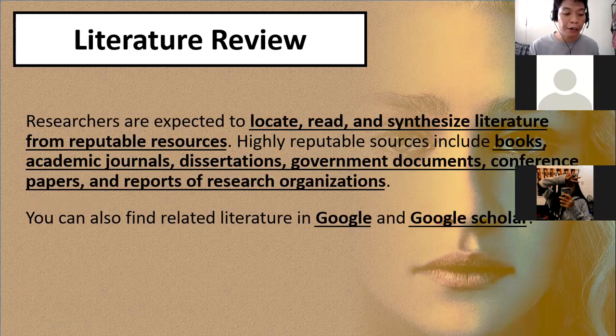So it's very important for you to know where you can find the valid sources for your study. So you can find in Google Scholar. Sa Google Scholar, you need to look out the number of citations. Kaya halimbawa, pakita na ko sa inyo.